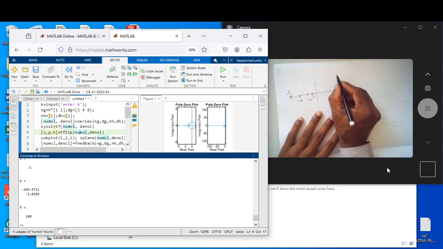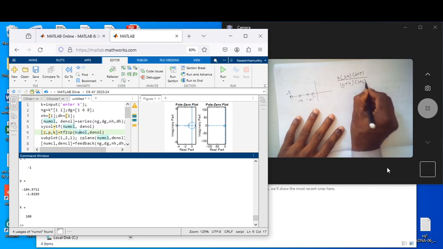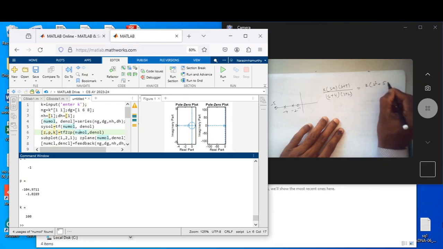So now my transfer function becomes k into s plus 1, s plus 5, over s plus 4 and s plus 2, which will be k into s square plus 6s plus 5, over s square plus 6s plus 8.